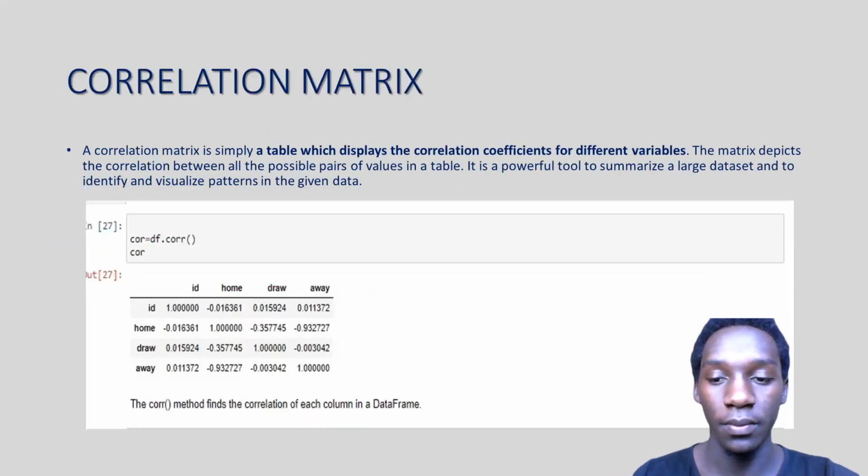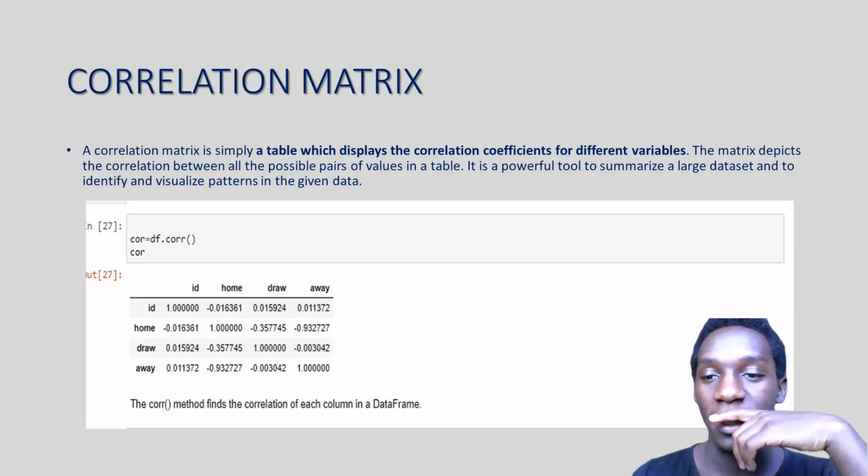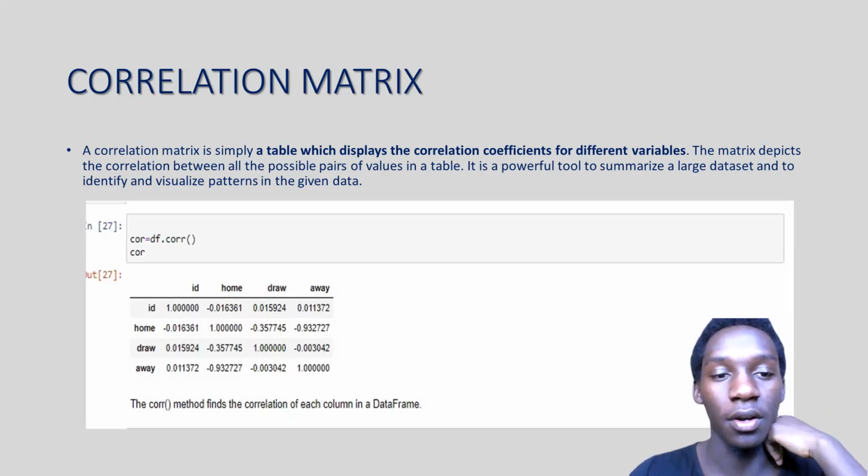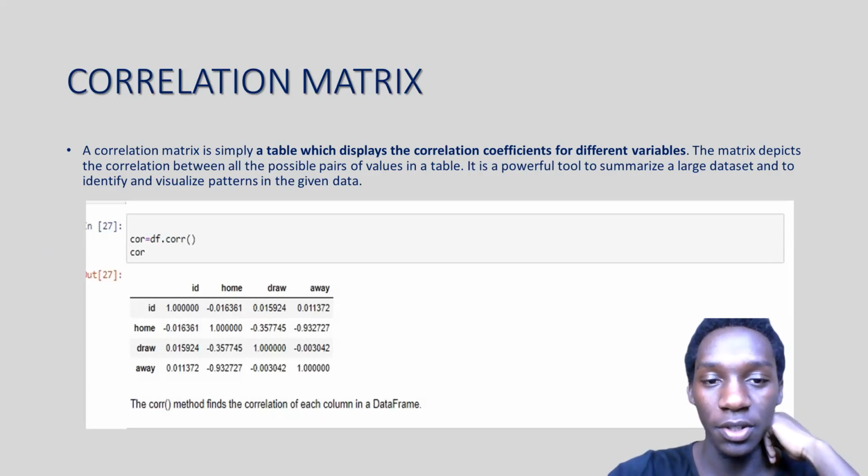Then there's a correlation matrix. A correlation matrix is simply a table which displays the correlation coefficients for different variables. The matrix depicts the correlation between all the possible pairs of values in the table.